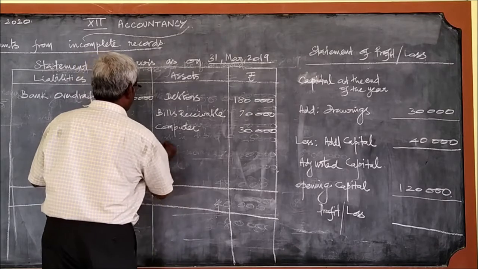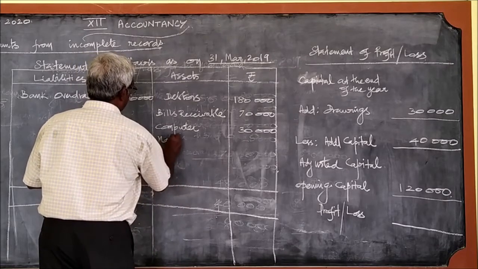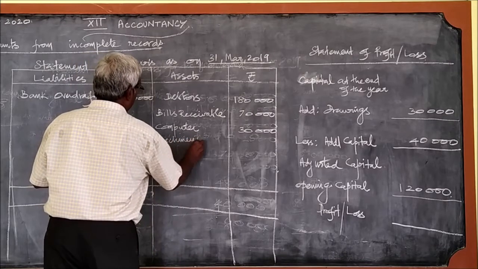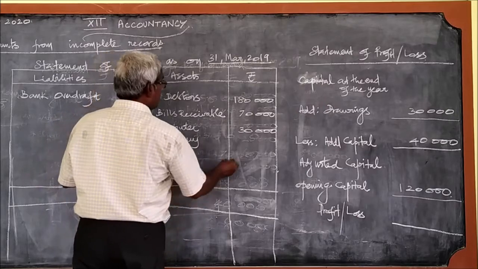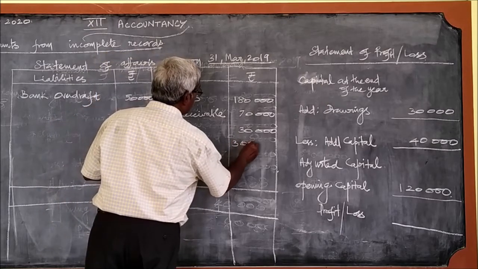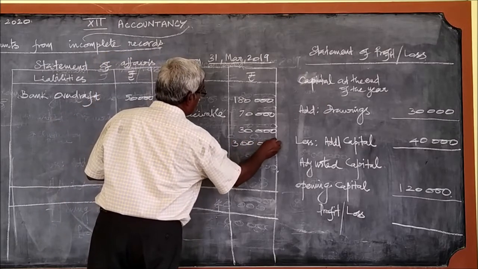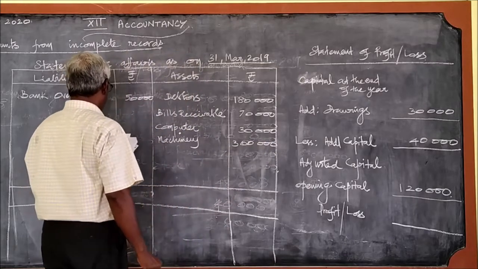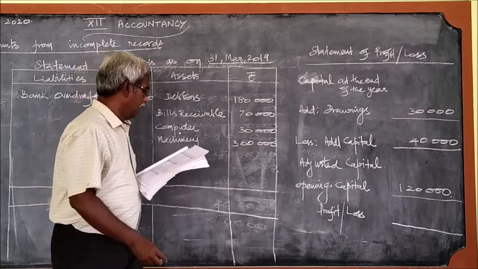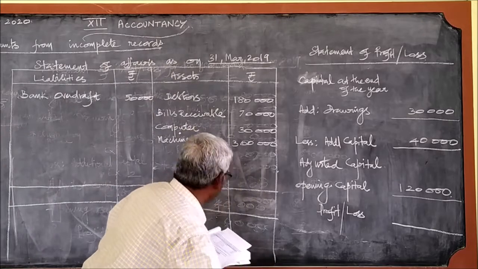Machinery is an asset, 3 lakhs. Stock in trade. Stock is an asset.